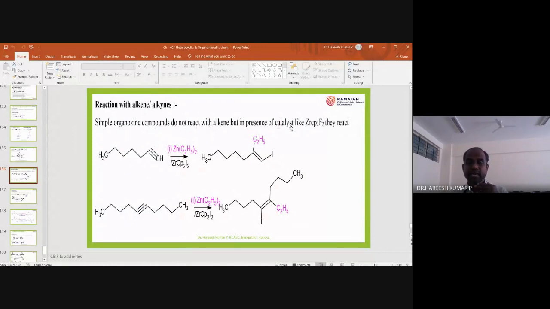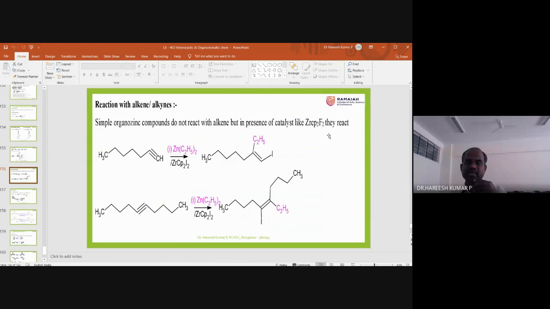But in the presence of a catalyst like Zr Cp2 F2, zirconium, Cp2 means dicyclopentadienyl, so two cyclopentadienyl moieties are attached to zirconium, and two fluorides are also attached to zirconium.